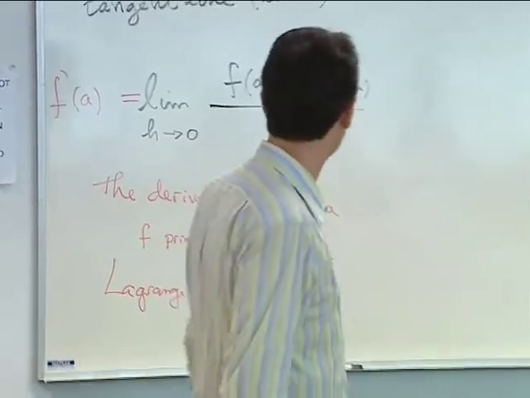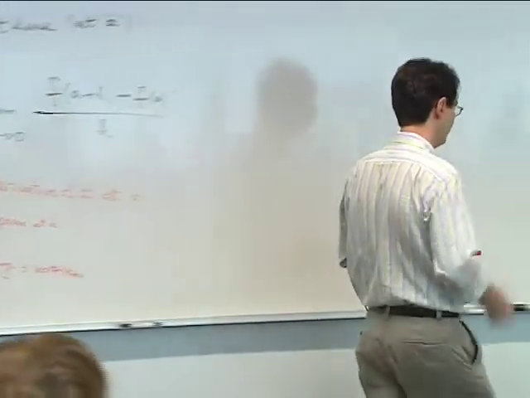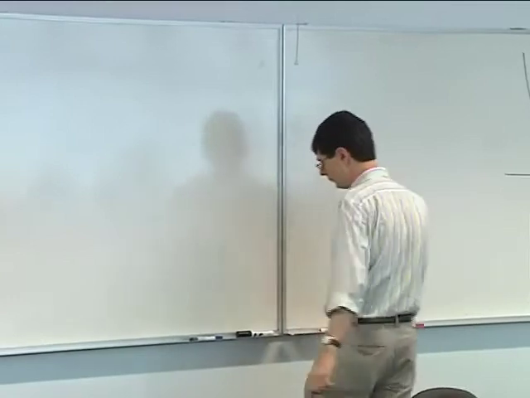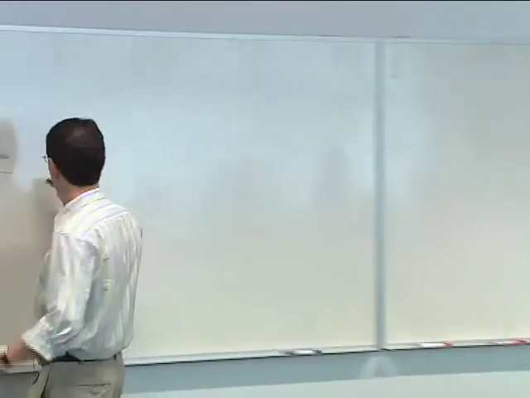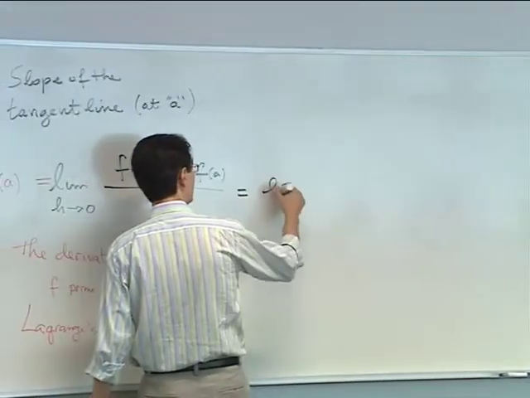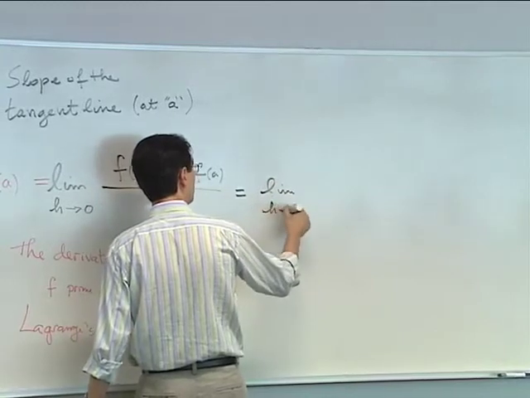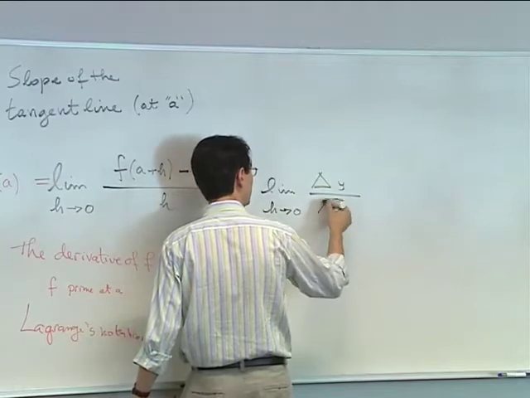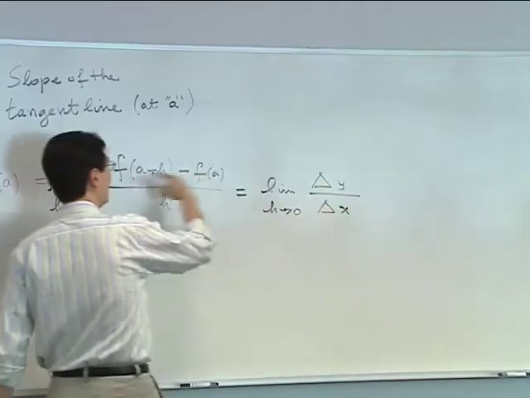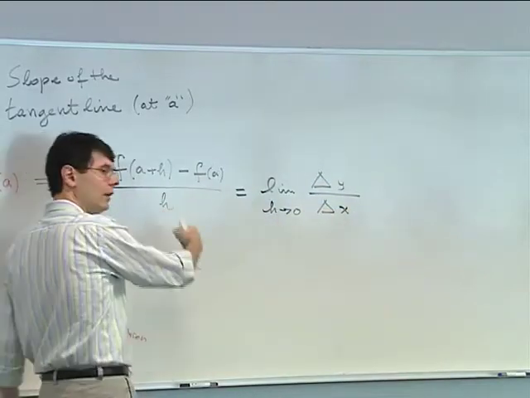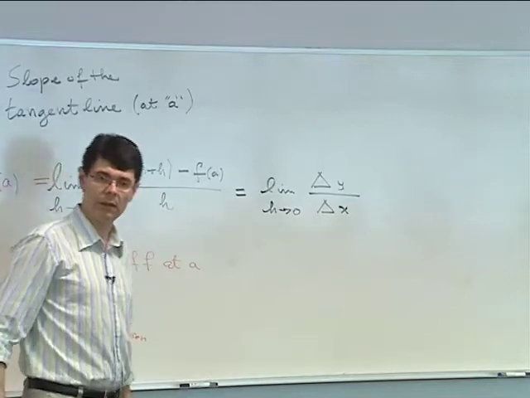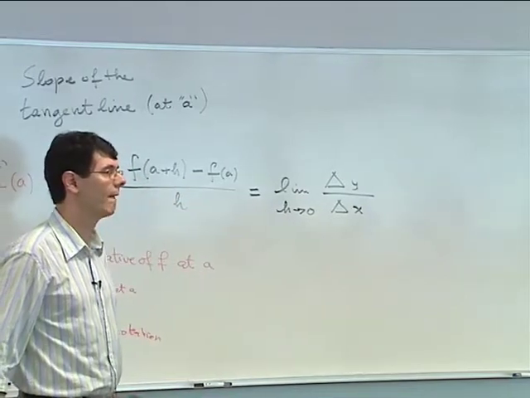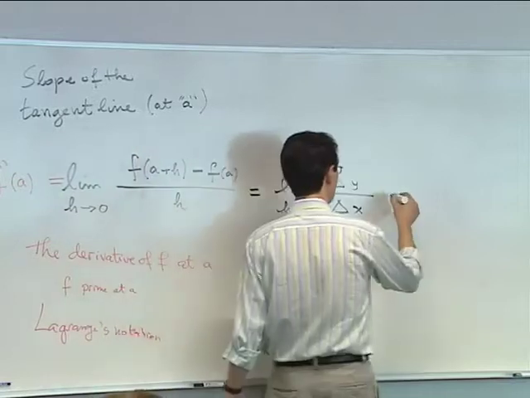But let me tell you what Leibniz's notation is. Remember, we can rewrite this as the limit when h goes to 0 of delta y divided by delta x, the variation in height divided by the variation in displacement in x. And so Leibniz's notation was this.